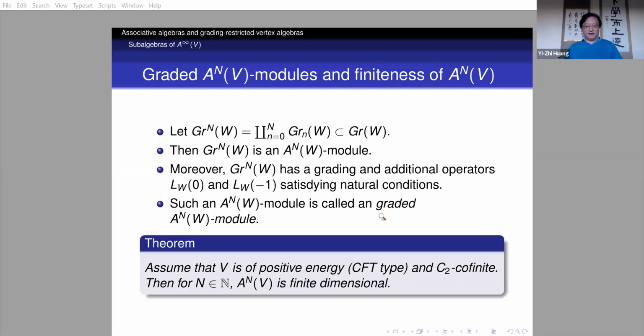But these A_n(V) are actually finite dimensional if V is C2 cofinite and satisfies this CFT type. I myself prefer to call this positive energy, but people usually call this CFT type. So these are also finite dimensional. That's the nice thing, if the condition is satisfied.